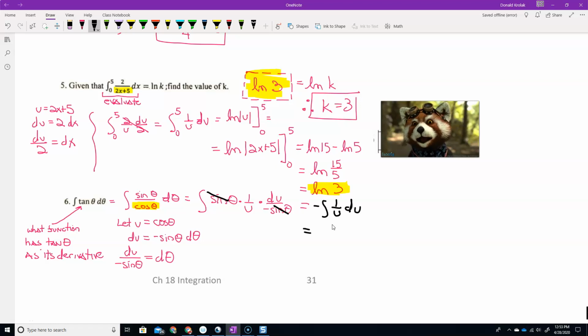From the last example, I know that this is equal to the natural log of the absolute value of u plus some constant. And now substitute back my value of u, and there is my antiderivative.